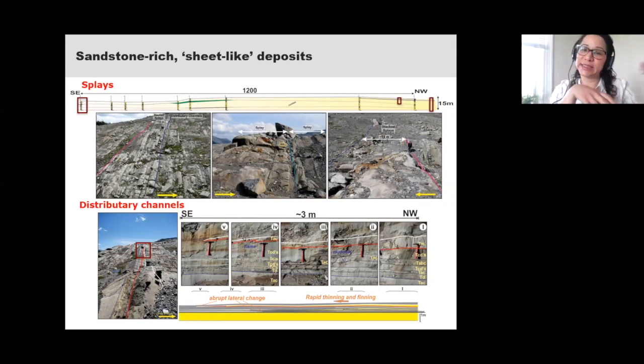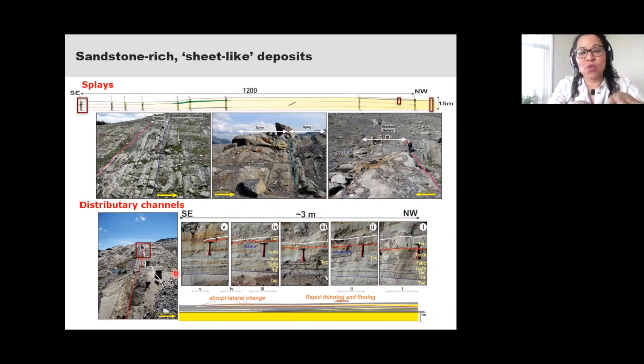But when I started working in this interval, there are distributary channels everywhere. And the beauty of this outcrop is that it allows you to see the channels are shallow and narrow. We are able to walk from the center of the channels, and in some places see how the channels fine and thin.